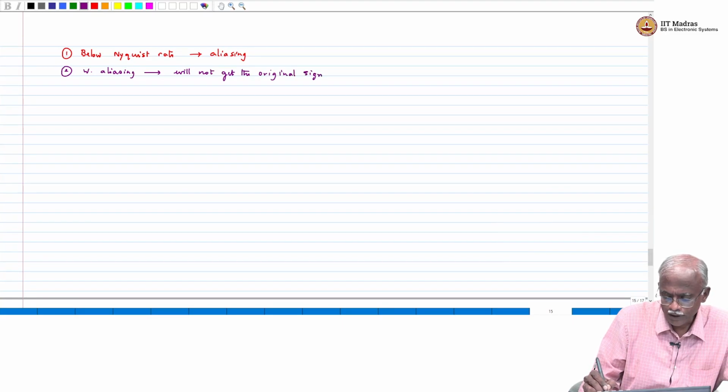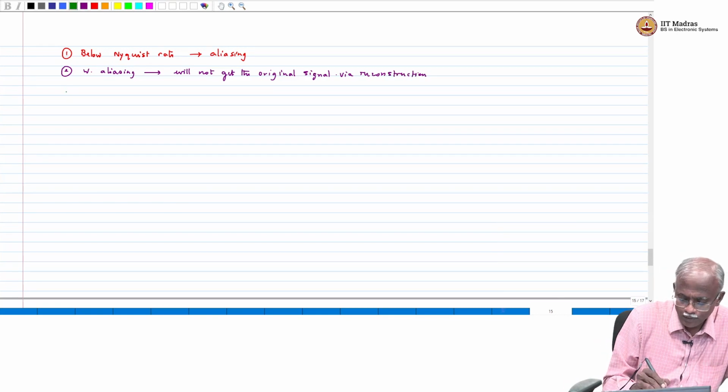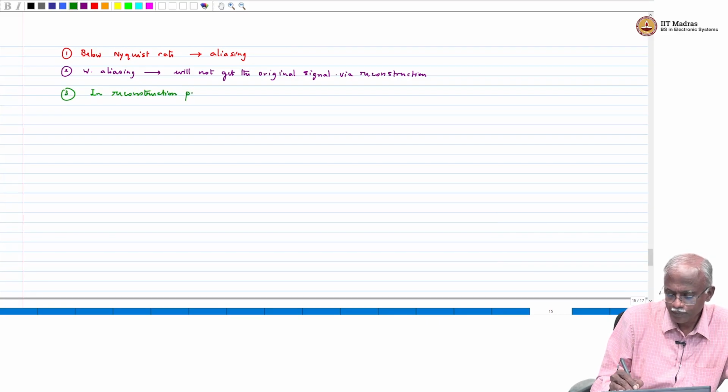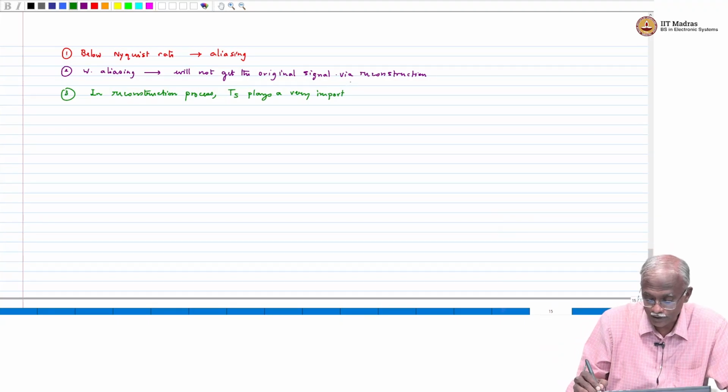A very important thing to remember. And in the reconstruction process, Ts plays a very important role, because this is what determines what frequencies will appear in the continuous time signal.